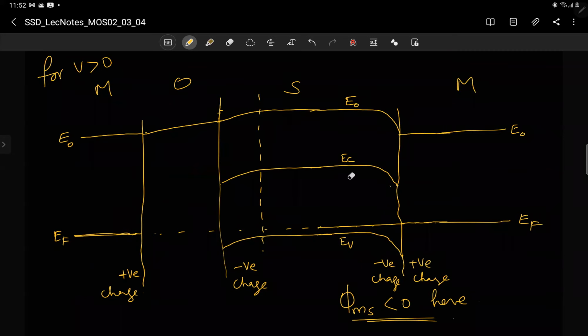Why? Because if there is any change that happens here, this junction will not be in equilibrium. So it will conduct. It has to carry some current.